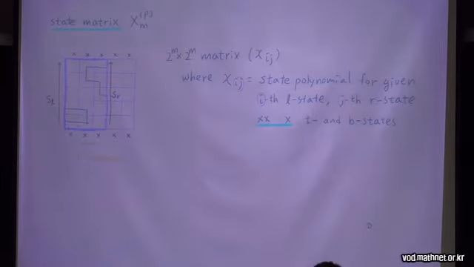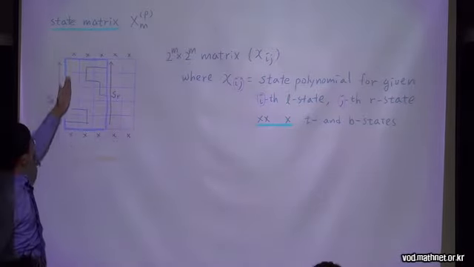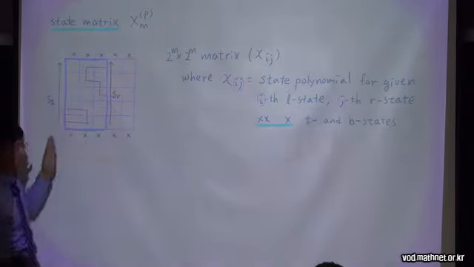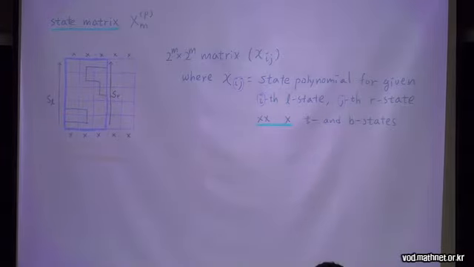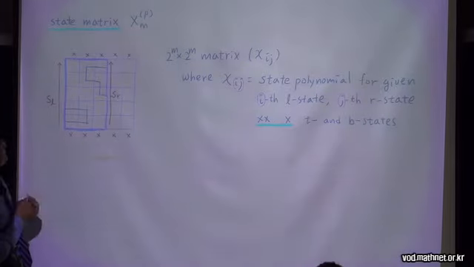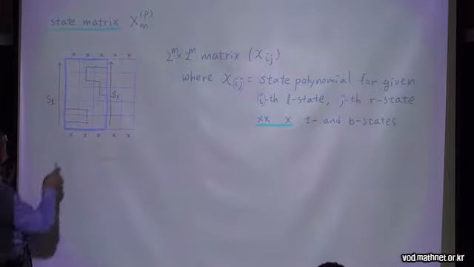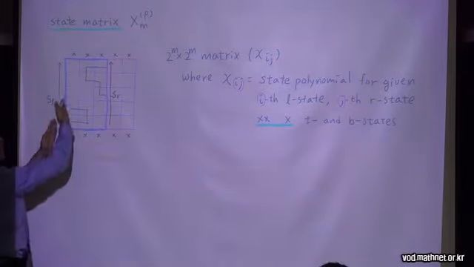So if you find the column state matrix for just one column, then we'll add up. X M P means it has M rows and P columns.